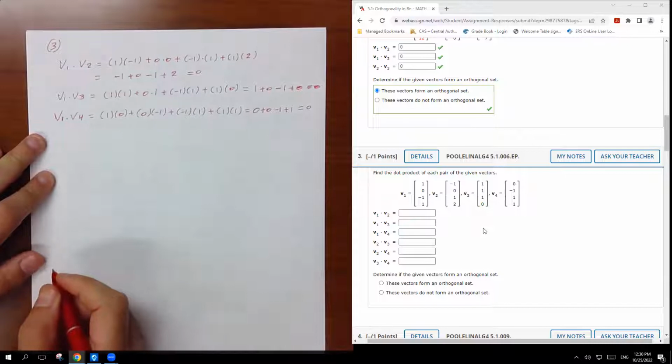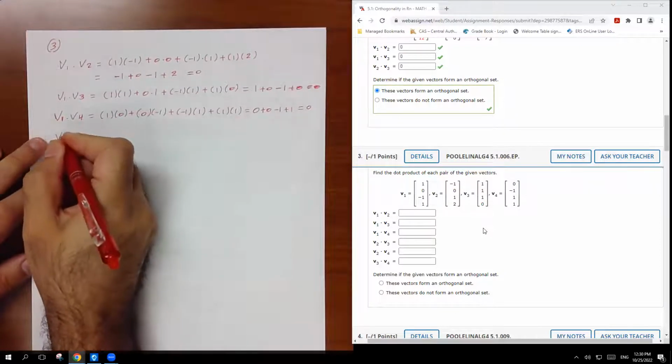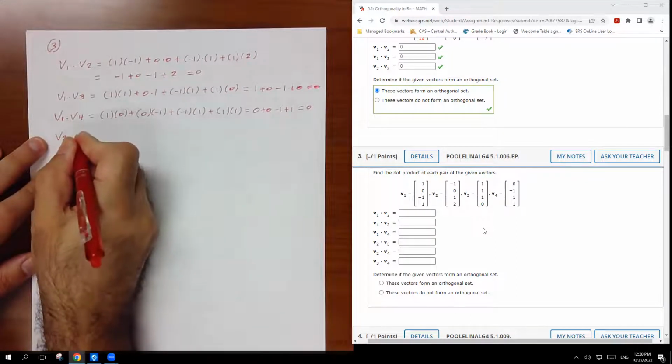Next one is going to be V2 times V3. So you have to check all the dot products between all these vectors. So V2 now times V3.